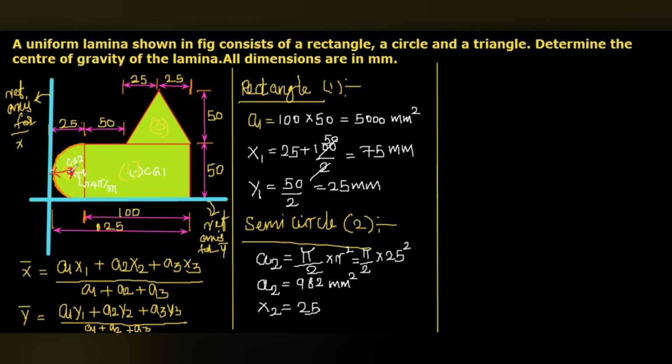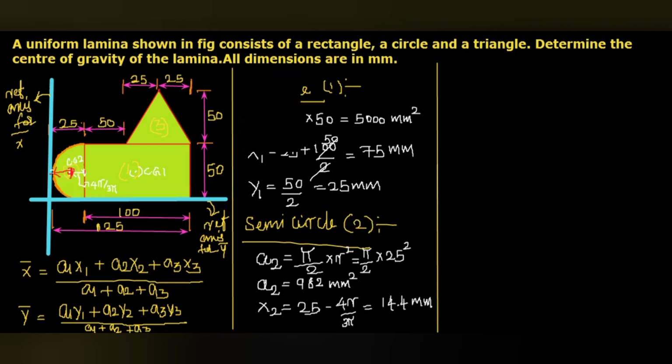That means here the semicircle, so 25 minus 4r by 3 pi equals 14.4 mm. Okay. Then the third one, that is the triangle.